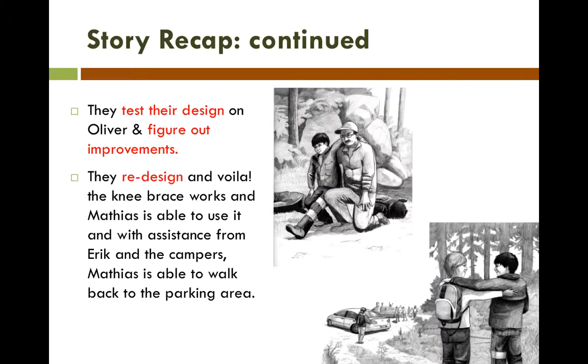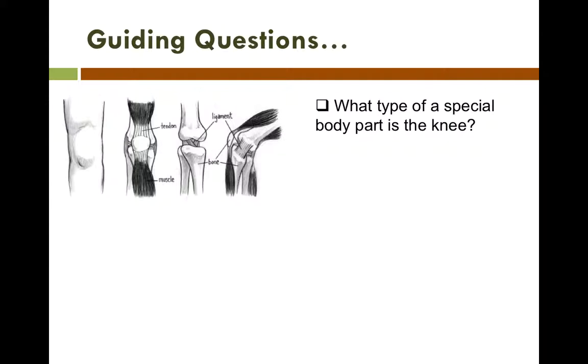And they say, I wonder if I can do another fine-tuning, and they finally get it to a reasonable degree and then put it on Matthias and help him walk back to the parking area and get him emergency help. So, a few principles to keep in mind.